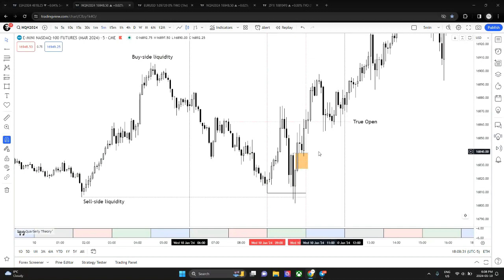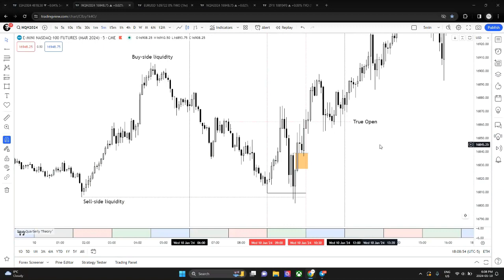That's just the market trying to play with you, basically, right? So SMT divergence has to occur within specific parameters, okay? So this is one of them. It must be below the true open or else it's not SMT, right?